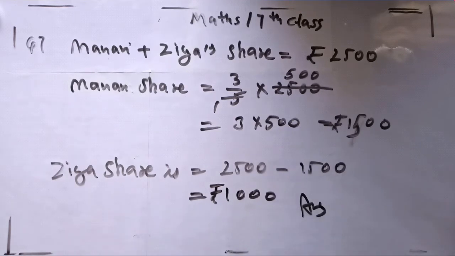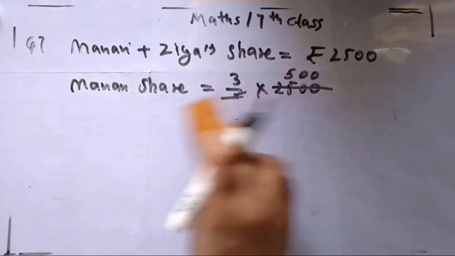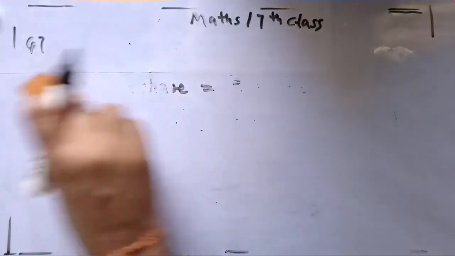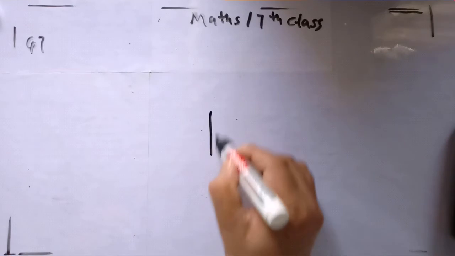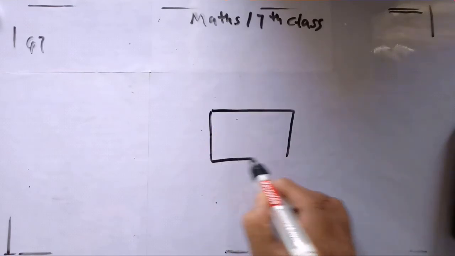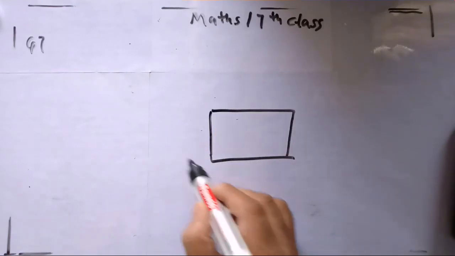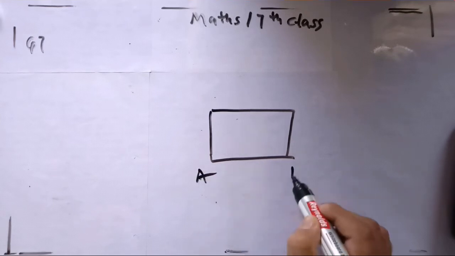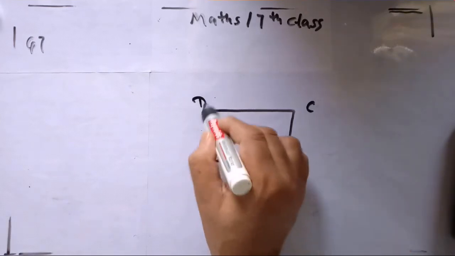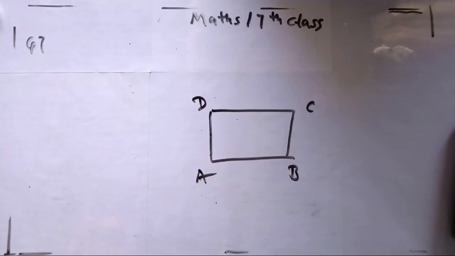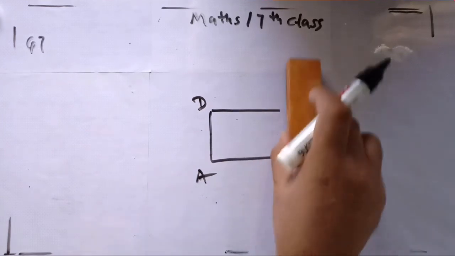So the next question is to find the perimeter. Beta, you know the perimeter, if we have any rectangle or any shape, is the sum of all sides, AB plus BC plus CD plus DA. So in your question, find the perimeter of a square whose side is 7 1/8 meter.